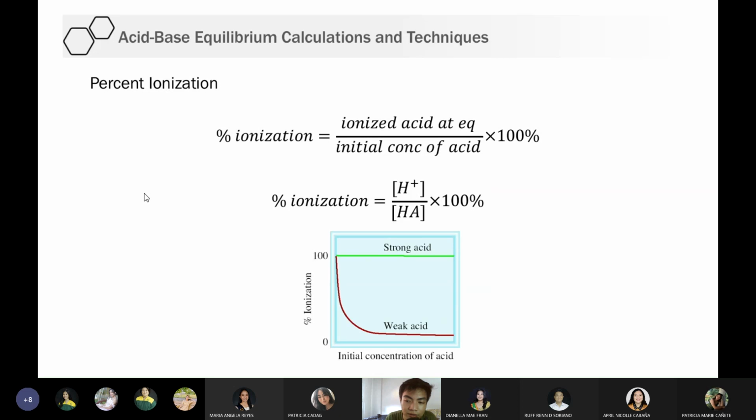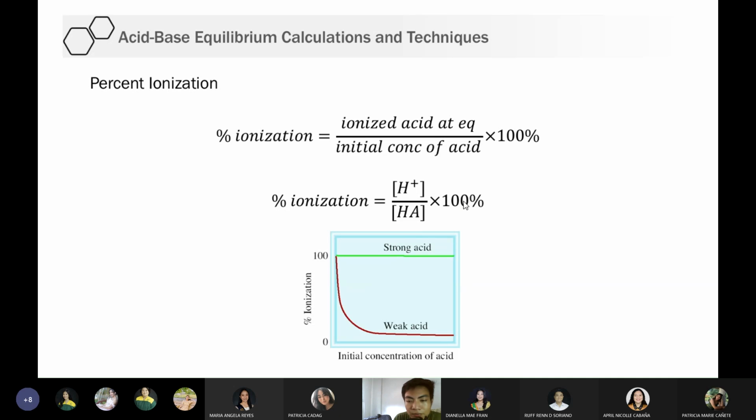Okay? So, what is percent ionization? Percent ionization tells us by how much nag-ionize yung iyong reactant, no? Anong percentage niya yung naging ions? And the percent ionization for acid can be calculated as this. You have your ionized acid at equilibrium. That means that's the concentration of the H plus at equilibrium divided by the initial concentration of your acid or the HA, yung given na amounts, times 100.